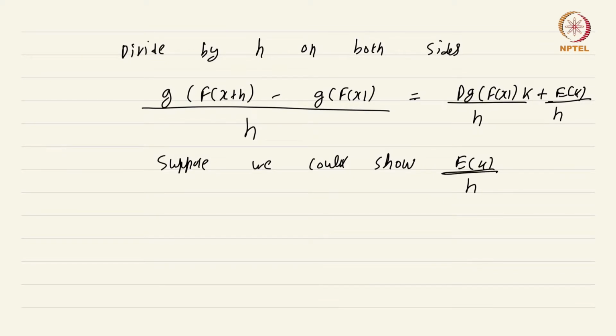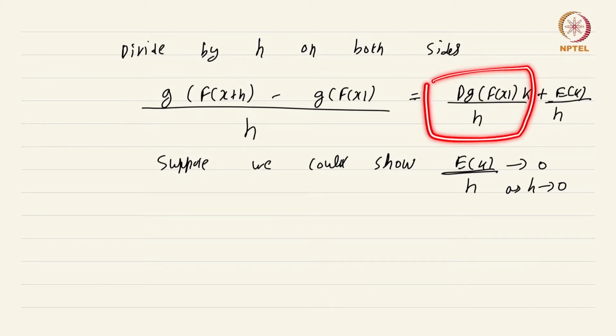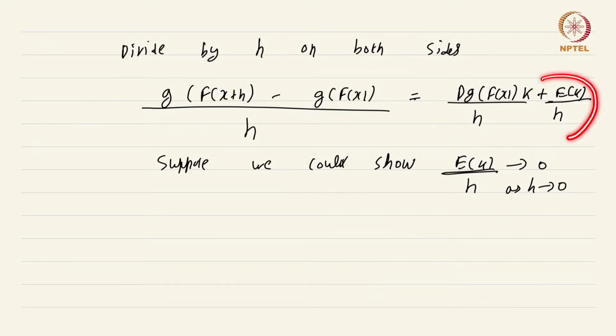Then we are done, because this quantity k by h as h goes to 0 is nothing but f'(x), so this whole thing will just become dg(f(x)) acting on f'(x), and if e(k)/h goes to 0 then we would be done.